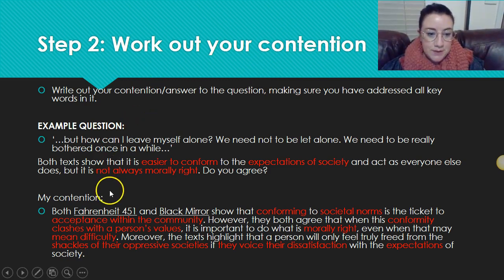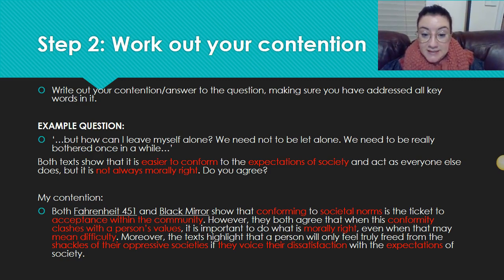Here it is. Both Fahrenheit 451 and Black Mirror show that conforming to societal norms is the ticket to acceptance within the community. However, they both agree that when this conformity clashes with a person's values, it is important to do what is morally right, even when that may mean difficulty.